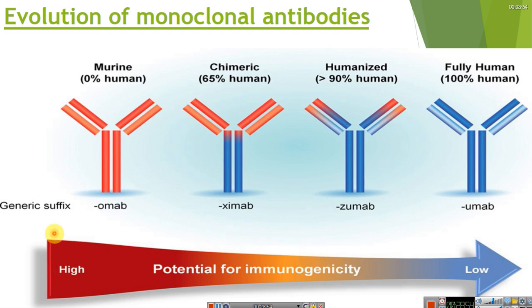So that's why, if we use these for therapeutic purposes, there should be no immunological reaction towards the drug. Mostly monoclonal antibodies are used as drugs to treat many kinds of ailments, autoimmune disorders being one of them.